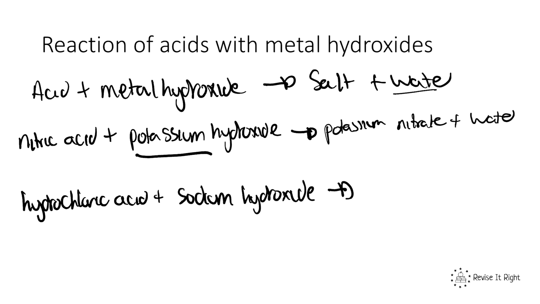Well, we get the salt name from the metal, so sodium, and the acid, so chloride, because hydrochloric acid makes the chloride, plus water. And these are the two examples. So acid plus metal hydroxide makes salt plus water.